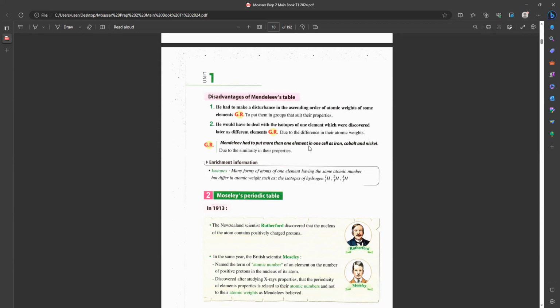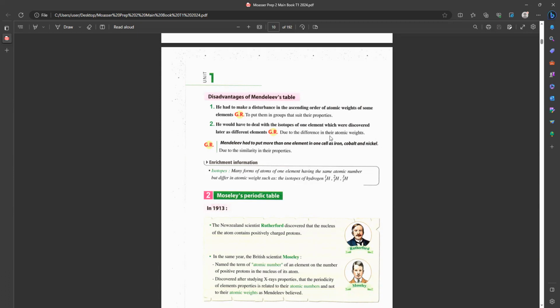And he made other mistakes. He put iron, cobalt and nickel in one cell, in one card, in one gap. This is wrong because they are different in properties. Maybe they are shiny or have luster or are metals, but they are different in some properties.